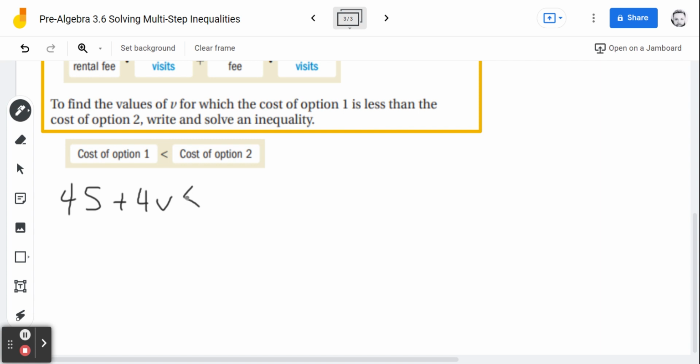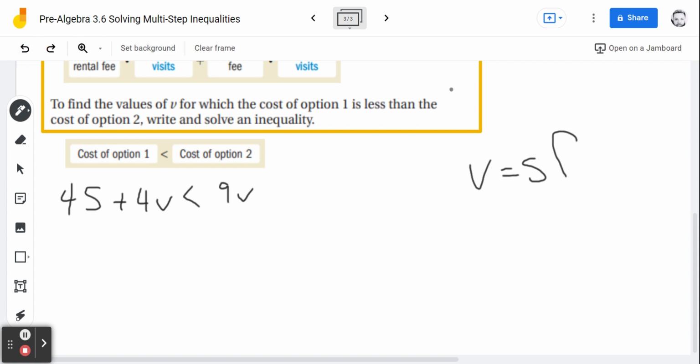We want to know when that will be less than renting the skates, which would be 5 times the visits plus 4 times the visits, or a total of $9 each visit. Now remember, I want to make it look like V equals some stuff, except we have inequality symbols.